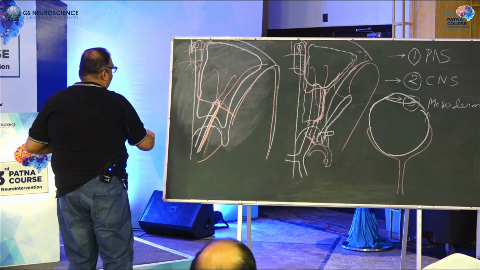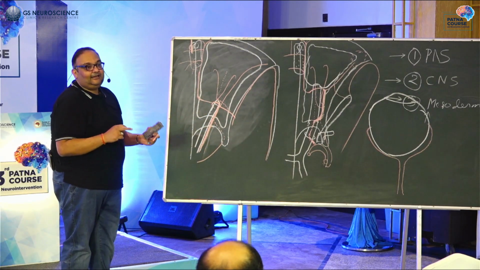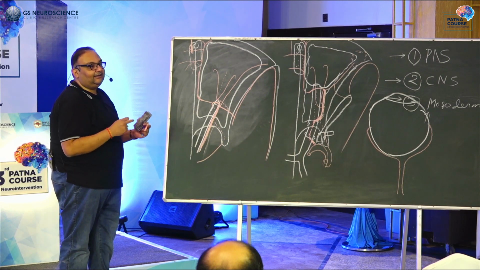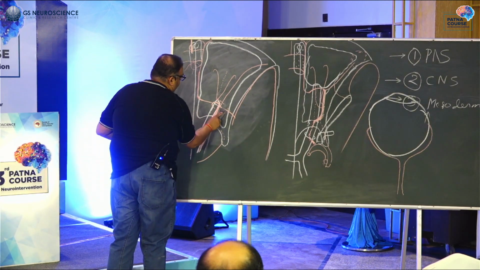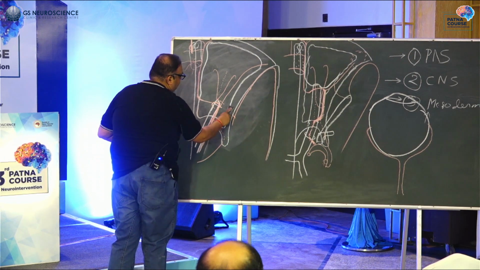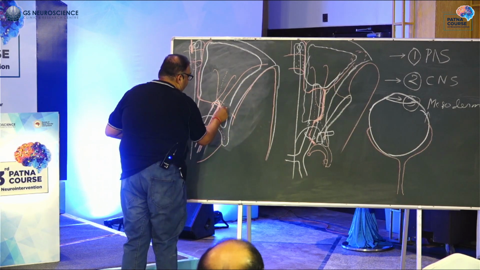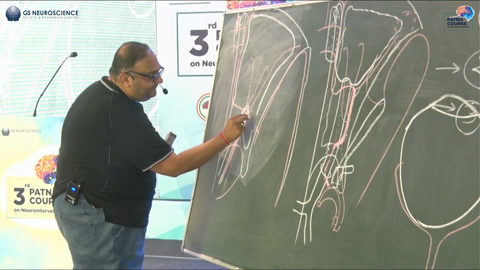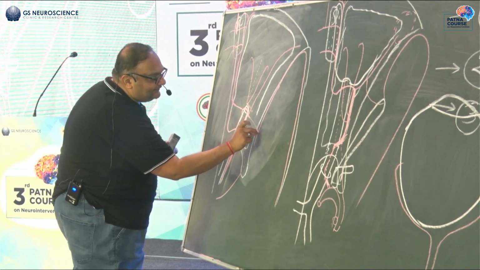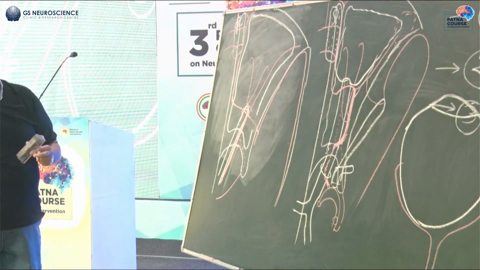So now there will be again a series of readjustments and reorganization in which this will be involuted. The connection between the middle meningeal artery and the ophthalmic system will remain as a very thin artery. You might or you might not see it angiographically.